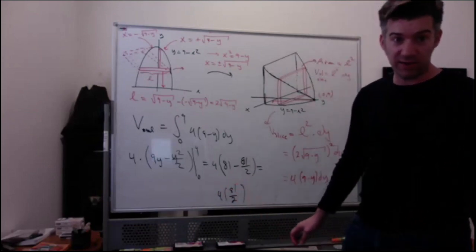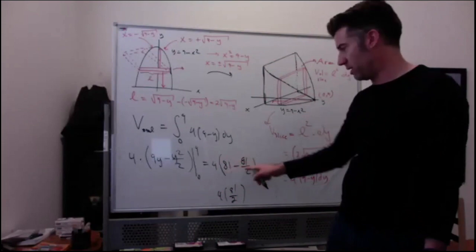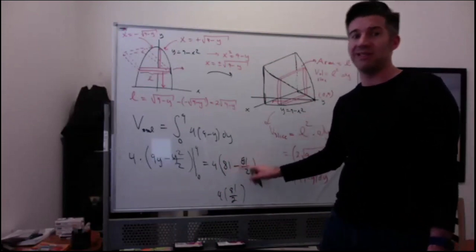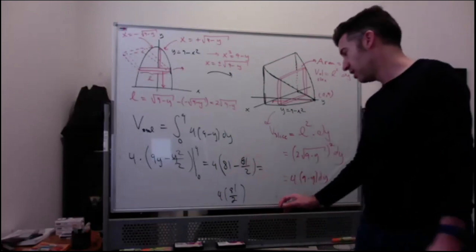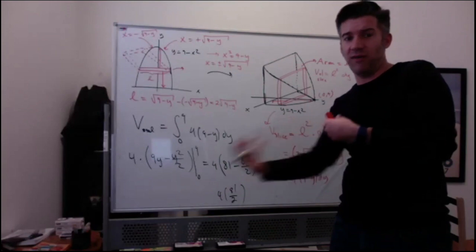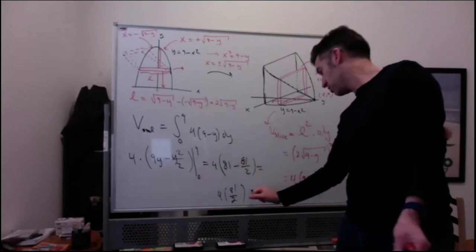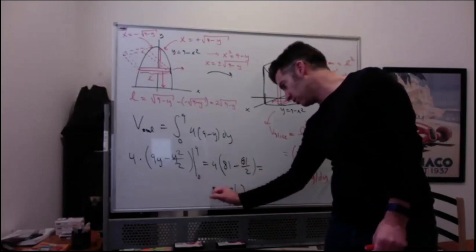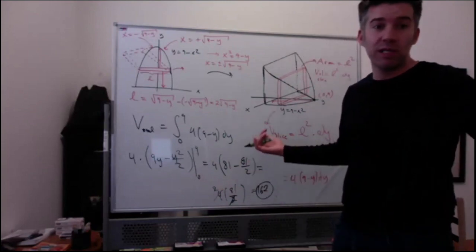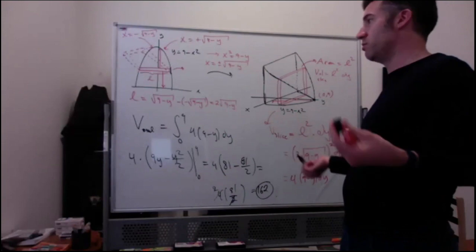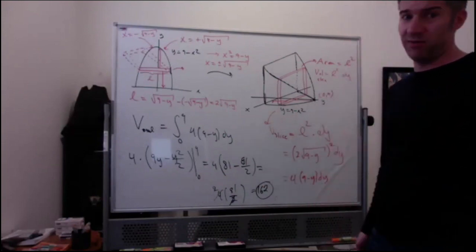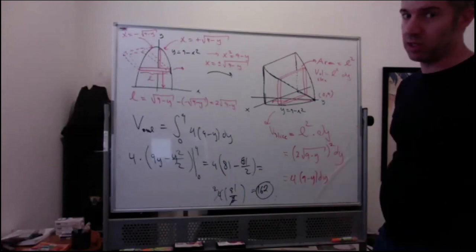You can either factor out an 81 and say it's 81 times 1 minus a half, or you could get the common denominator and say this is 162 over 2 minus 81 over 2 is 81 over 2. But really it's easiest to say, I took a thing, I took off half of it, I'm left with half of it. And then cancel a 2 here and a 2 here, and you're left with 162. 162 cubic units of whatever. It could be cubic feet, it could be cubic inches, or it could just be 162 cubic units of volume.